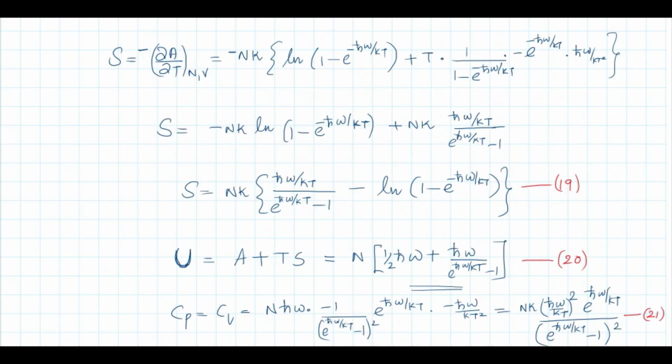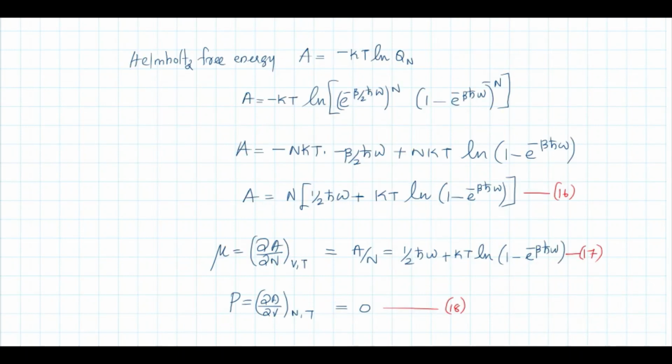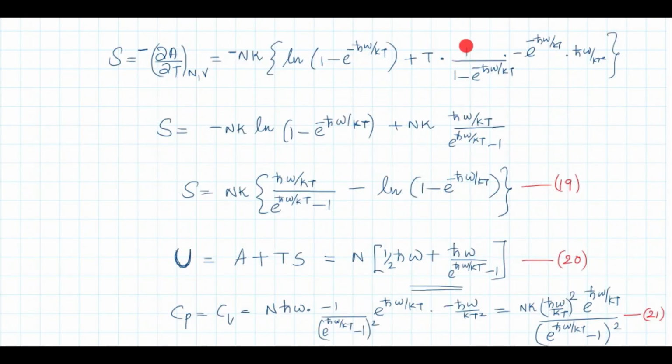So the first term is S is equal to, there is already a negative sign, minus nk log 1 minus e raised to minus h cut omega by kT, and the second term is keep this kT as constant, take the derivative of this logarithm, that will give you 1 divided by 1 minus e raised to minus h cut omega by kT, then function of a function, that will give you minus e raised to minus h cut omega by kT. You have to take again the derivative of this quantity, that will give you h cut omega by kT square.